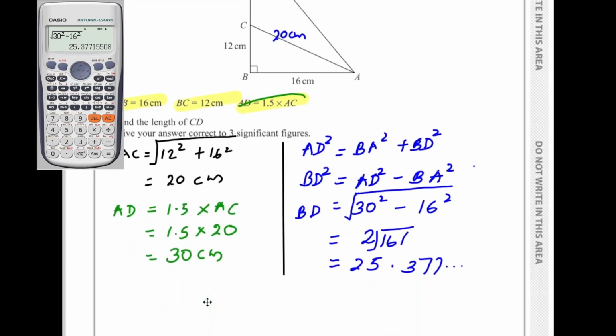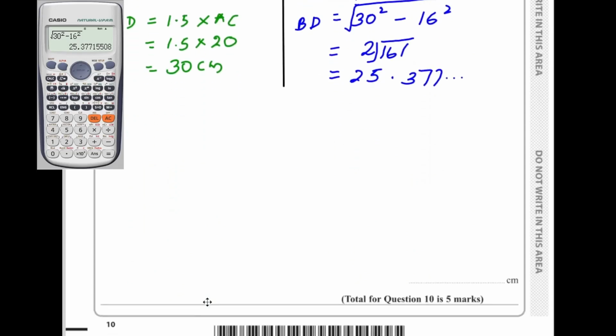So how do we get DC? To get DC, I know that DC equals DB minus BC. So DB, we got it as 25.377. BC, we've been given it as 12.